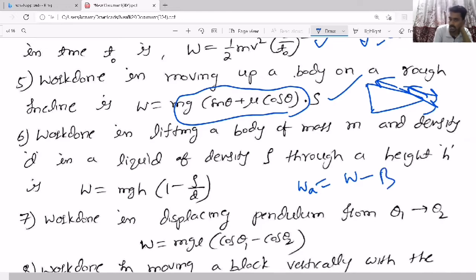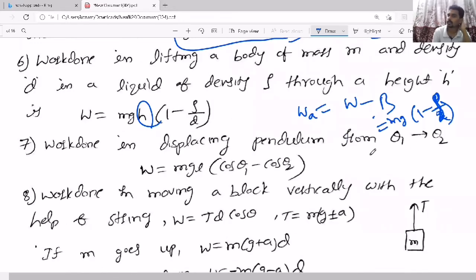So it becomes mg into 1 minus rho by d, where rho is the density of the liquid and d is the density of the substance. This is the resultant force which is acting, so force into displacement, into h, is the work done.